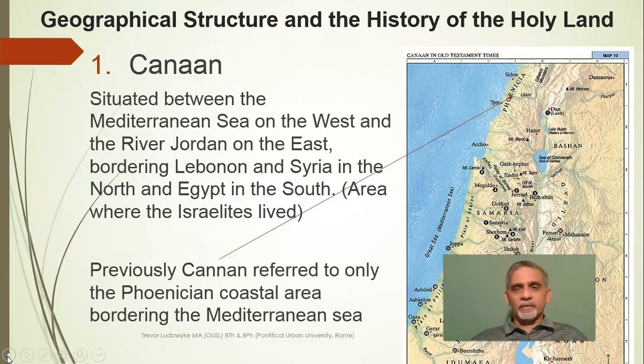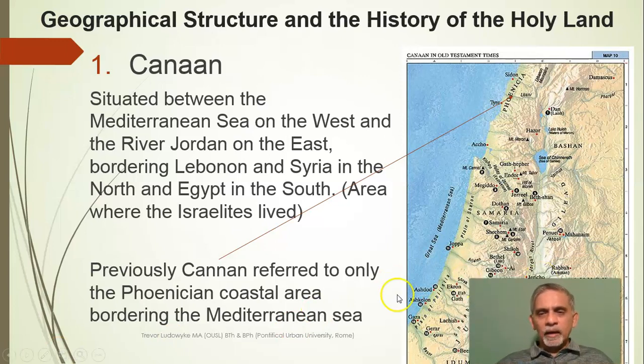Canaan, right. If you look at this map over here, Canaan is situated between the Mediterranean Sea, as you can see here on my cursor, on the west. And on the right it is bordered by the river Jordan, that is flowing down up here.